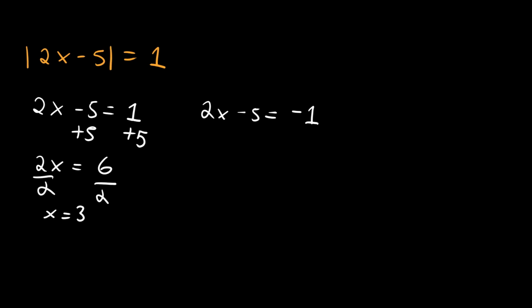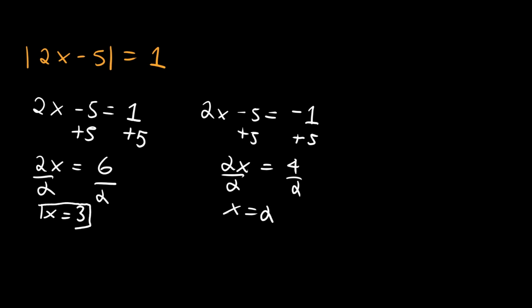Next one, we have plus 5, plus 5. 2x equals 4. Let's divide by 2. x is equal to 2. Right? You can always substitute these in the absolute value over here, and you should get 1.